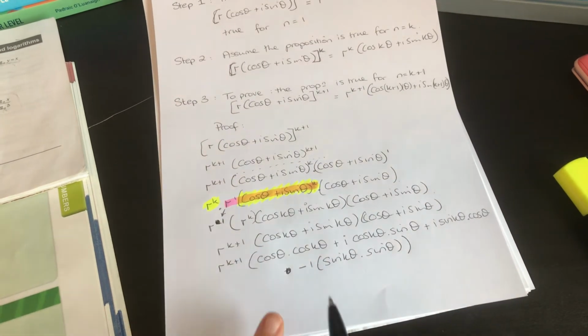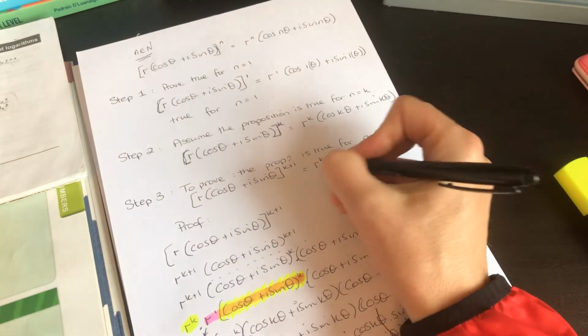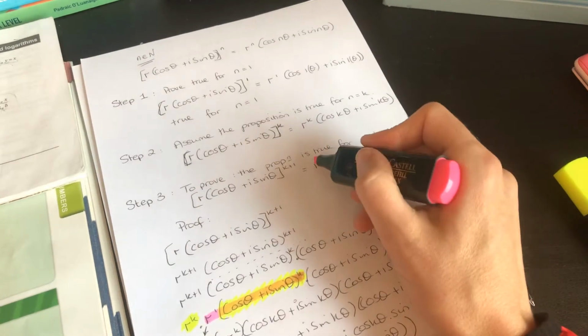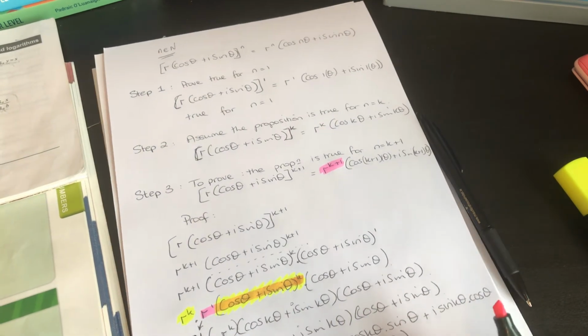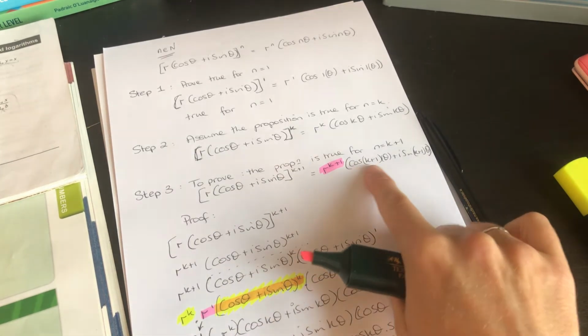Okay. So now this looks perfect. This is what I'm looking for. So I'm just going to show you here now what I'm trying to prove. This bit looks good already. It's really just how do I go from here to here?